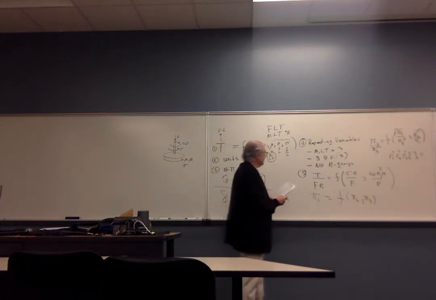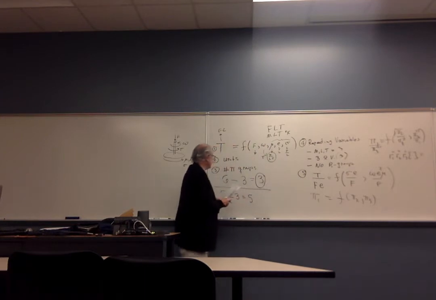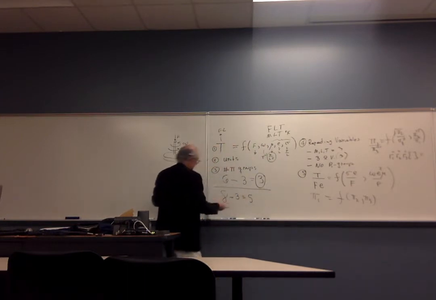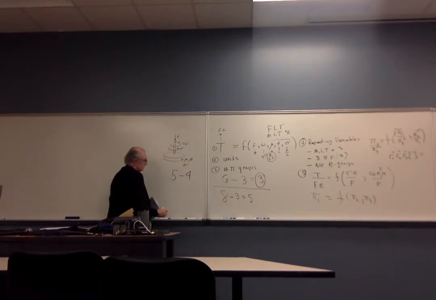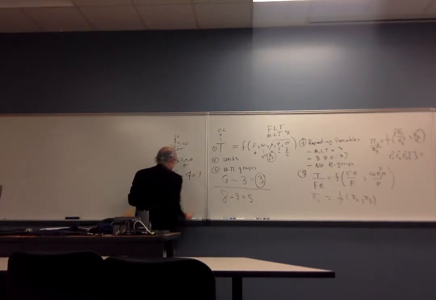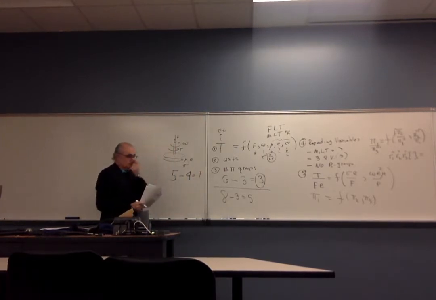It's also possible to get, in some case, perhaps you would have 5 variables and 4 fundamental units. So you'd only have 1 pi group in that case.